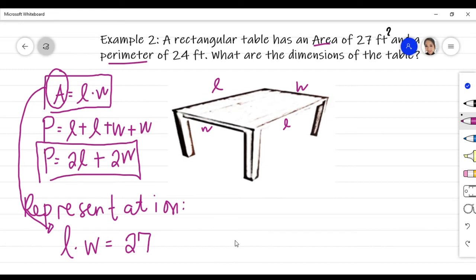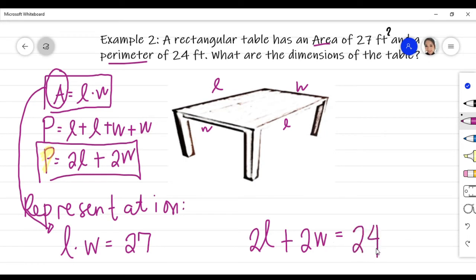And for the perimeter, we are given that it's 24 feet. So we can replace our P here to be 24. So we can write it as 2L plus 2W is equal to 24.